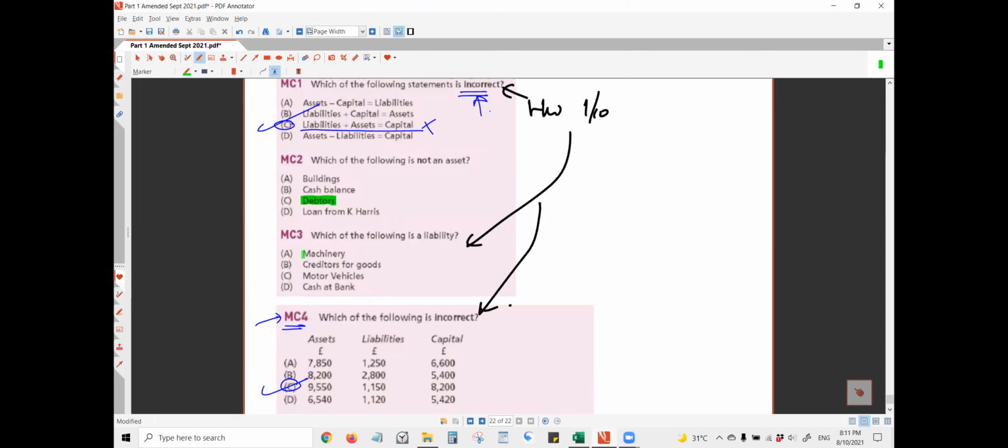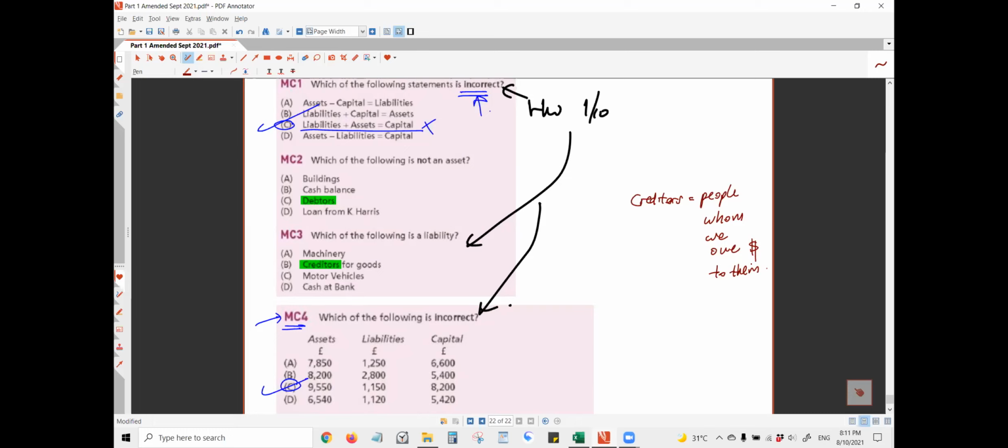One is debtors, another is creditors. Creditors refer to people whom we owe money to. So if you say that there's a creditor, it means that we owe money to this person.